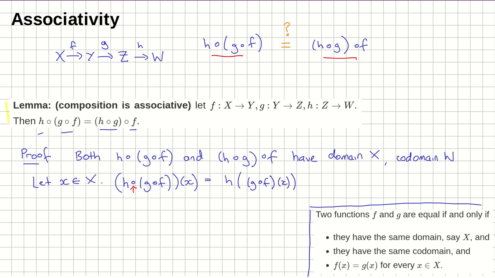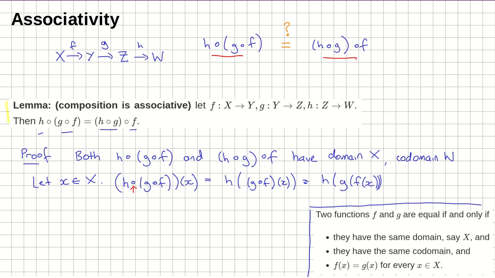Okay, we'll use now the definition of composition again, and using it on this composition of g and f, this is h applied to g applied to f applied to x, like this. Okay, and that's the best we can do. We can't simplify this any further because these are completely arbitrary functions, h, g, and f. We don't know anything else about them. So that's the best we can do.